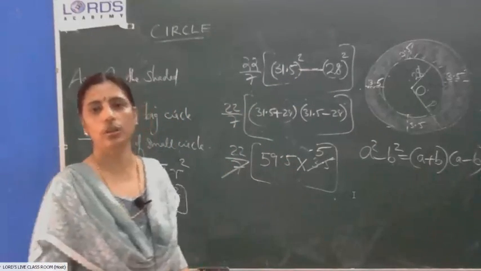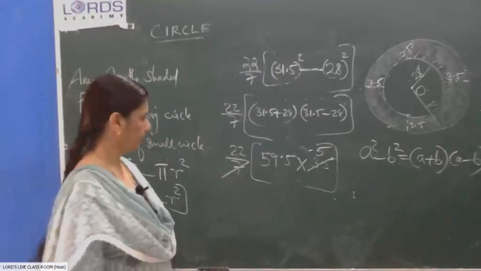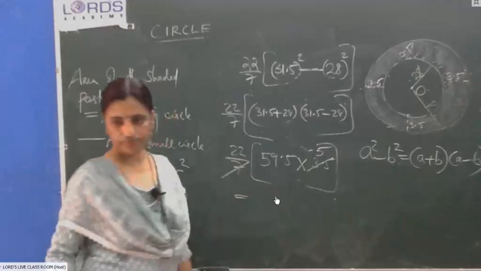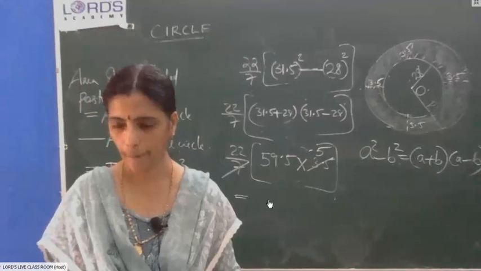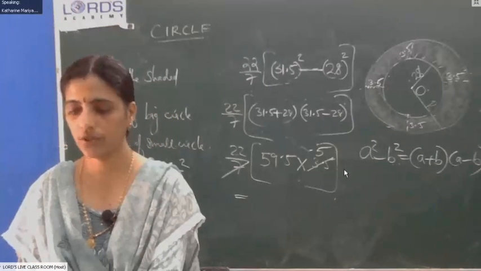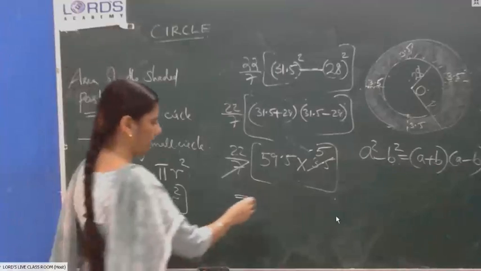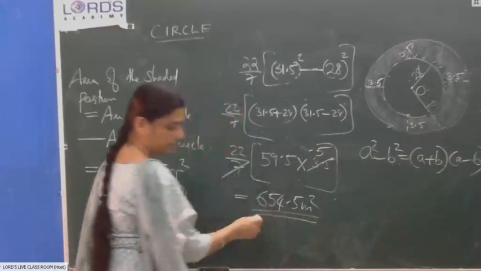Others use your old method, that means mere multiplication. What is the answer? Points are coming, no? 654.5 meters square. 654.5 meters square.